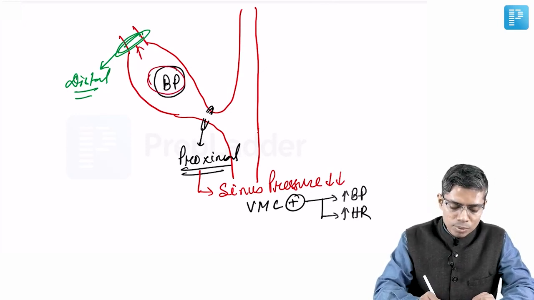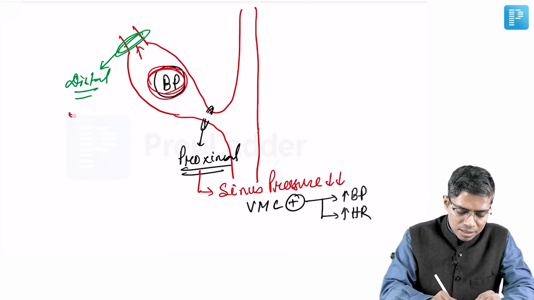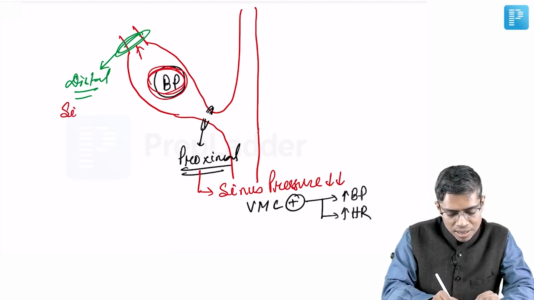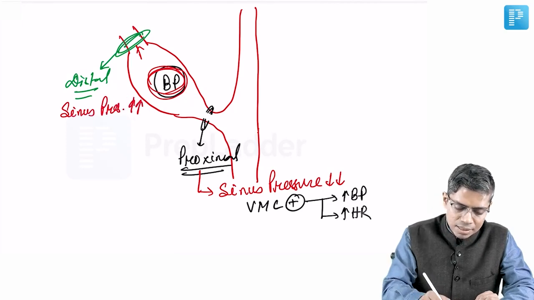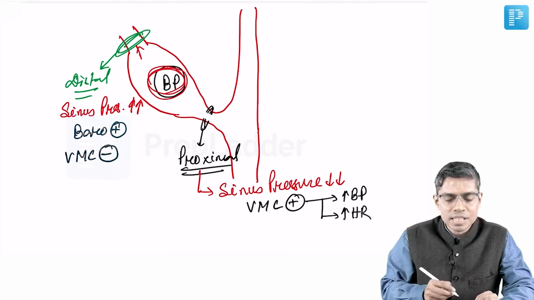So what will happen? More and more blood in this region means more and more blood pressure. That means I can understand that the sinus pressure will be high in this condition. Sinus pressure higher means the baroreceptor is going to be stimulated. Baroreceptor stimulated means the vasomotor center will be inhibited.